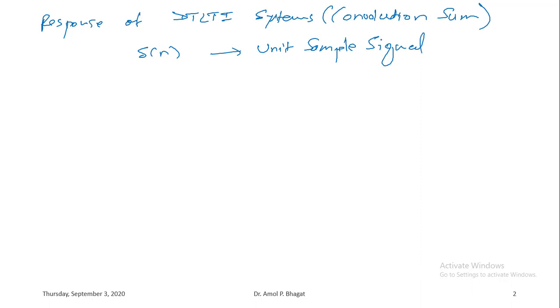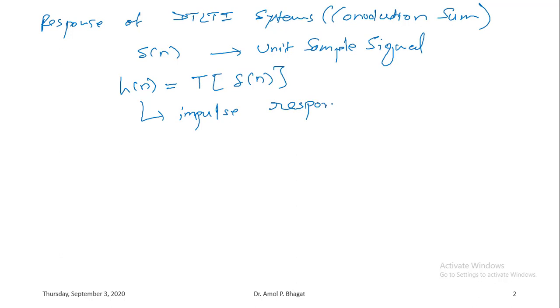We are trying to identify the response of DT-LTI systems for a given input by using convolution summation. The response of the system when we apply the unit sample signal to the discrete time system is represented as h of n, which is also called the impulse response. So h of n is the response of the system when we apply del of n as an input to the system.